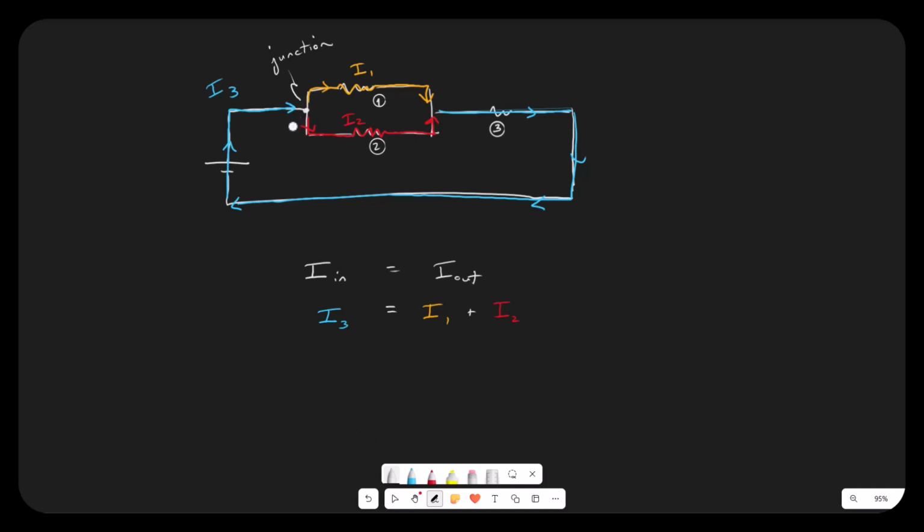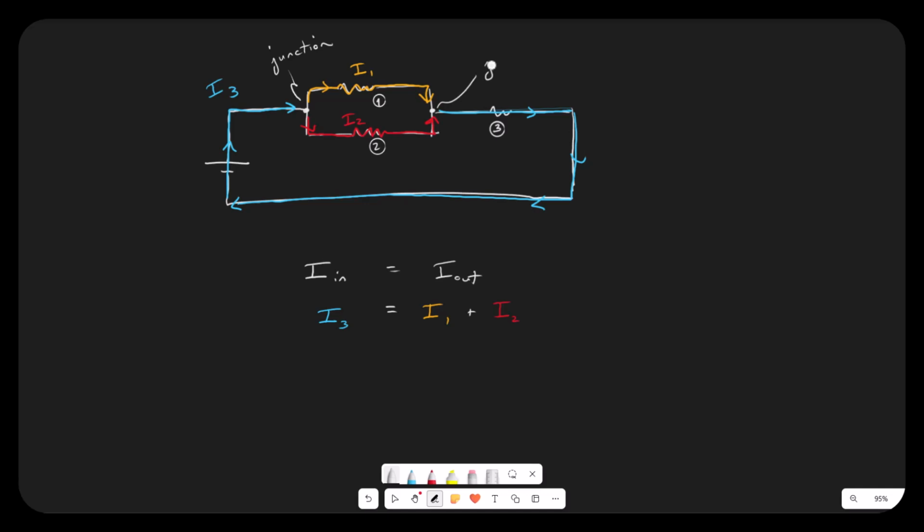Now, if I've got many junctions, I might have multiple junction rules that I write, but I'll never be able to properly use all of the equations for each junction, because at some point there's a redundancy. In this case, where there are two junctions, here's the one, here's the other.